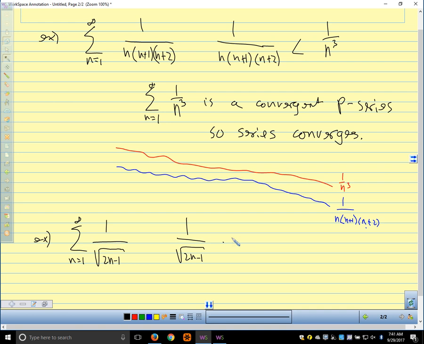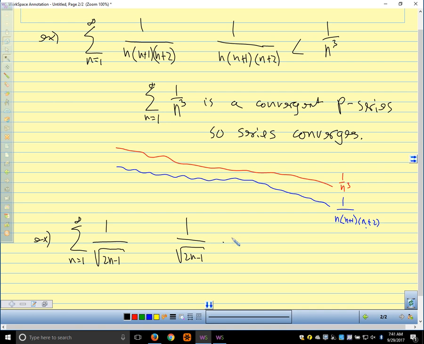Divergent. So we need this denominator to be smaller than the one that we're comparing it to. Wait, do we want the denominator smaller or larger?